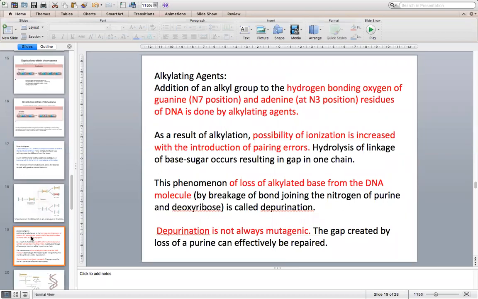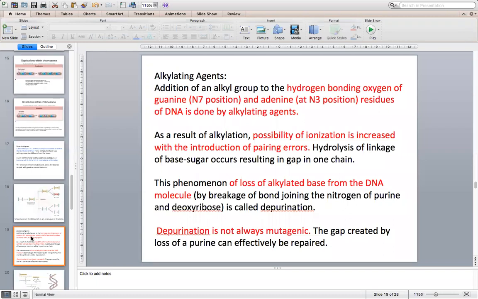Again, there is hydrolysis of the linkage between the base and sugar. Due to this hydrolysis, there may be a gap in the chain. That is when a DNA base is lost.